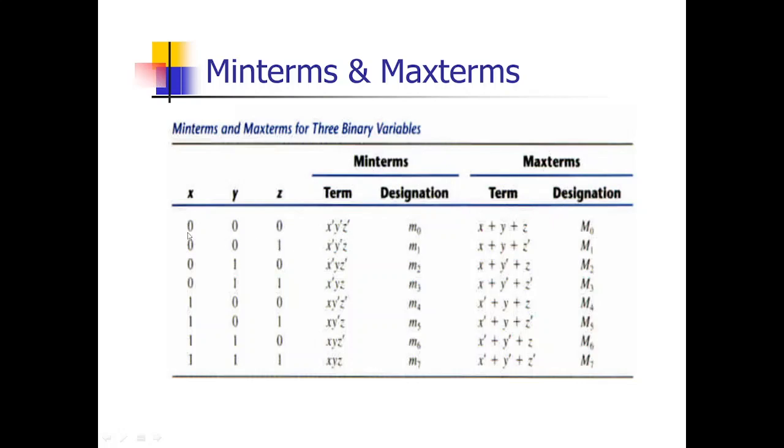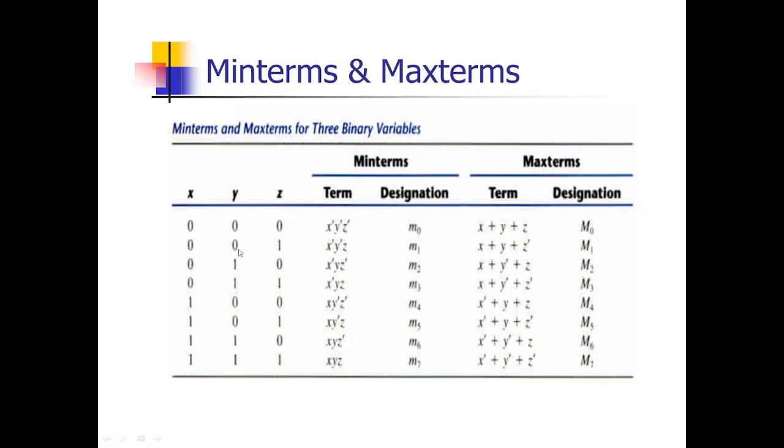See here, x, y, z is 0, 0, 0. So 0, 0, 0 can be represented as x dash, y dash, z dash. In min term, each 0 takes the complement value, x dash, y dash, z dash, and it is designated as m naught. 000 is the binary representation of decimal 0, so we give the subscript value as 0 here.